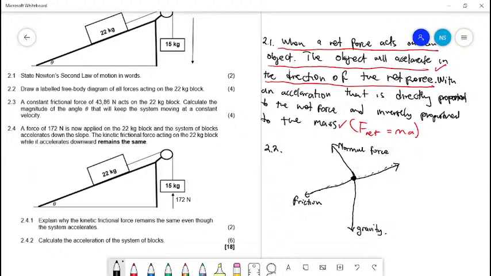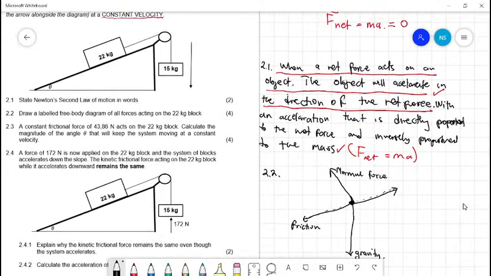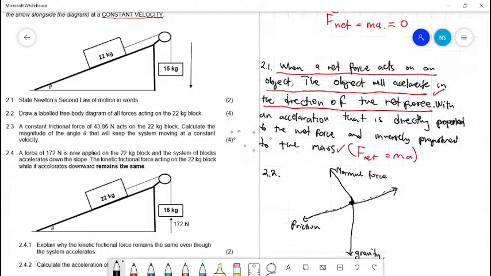Because we see that these 2 blocks, the 22 kg block and the 15 kg block, are attached by a string. So that string has what? Tension force. So we also have our tension like that. And then we have drawn all 4 forces, and each force gives you 1 mark.